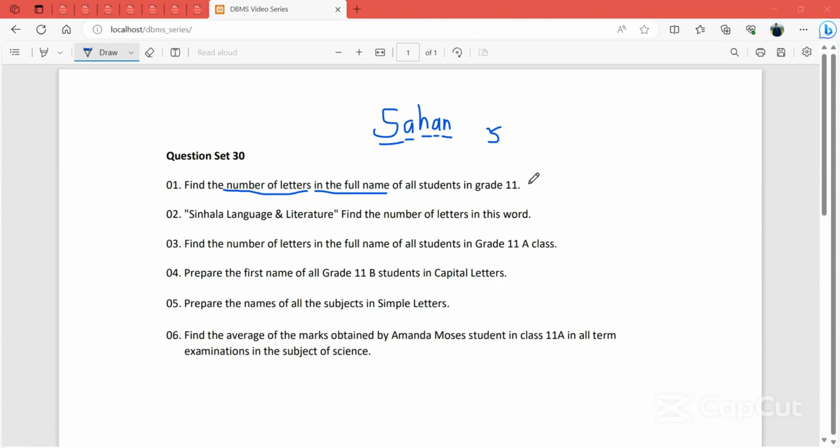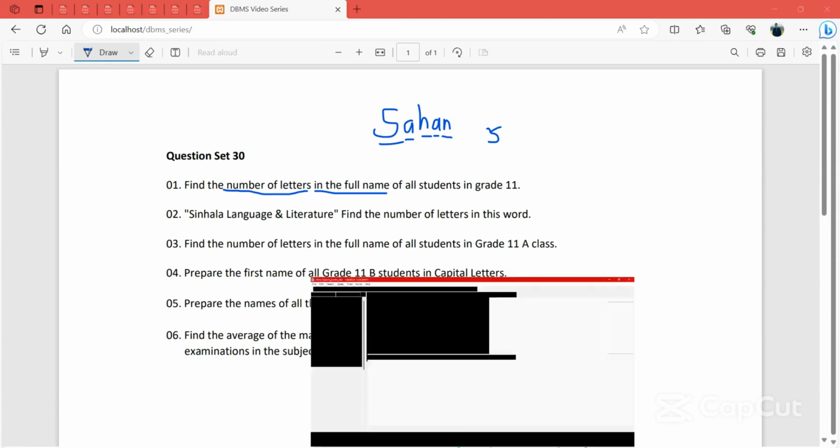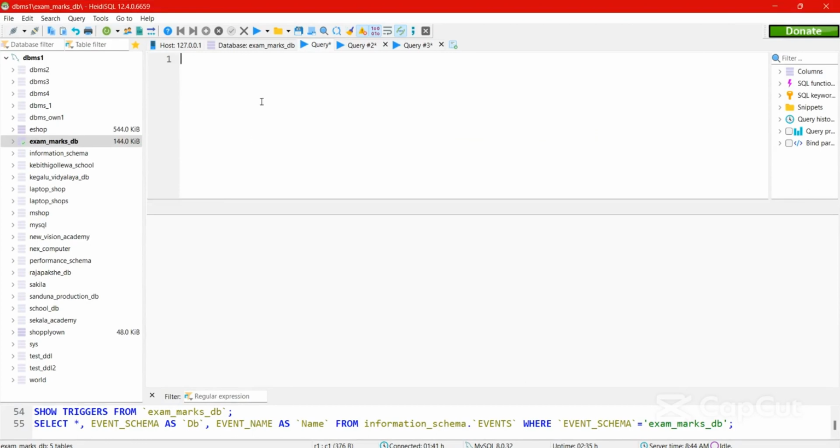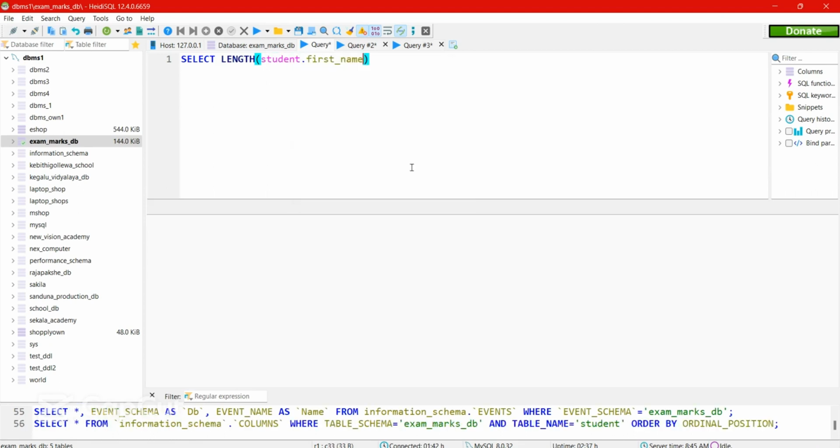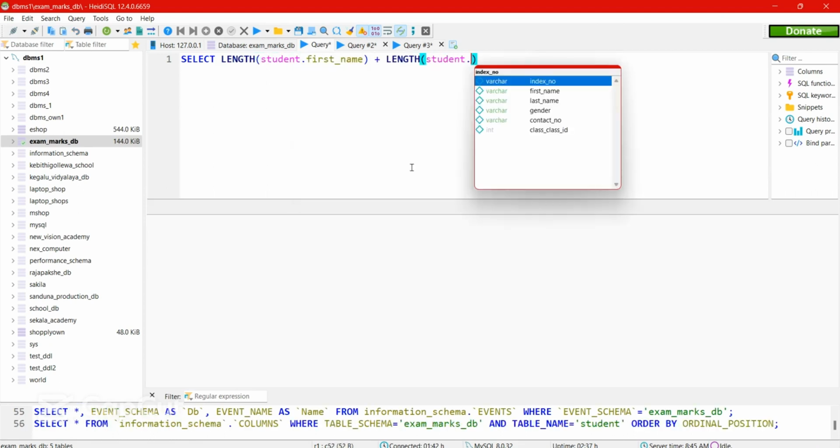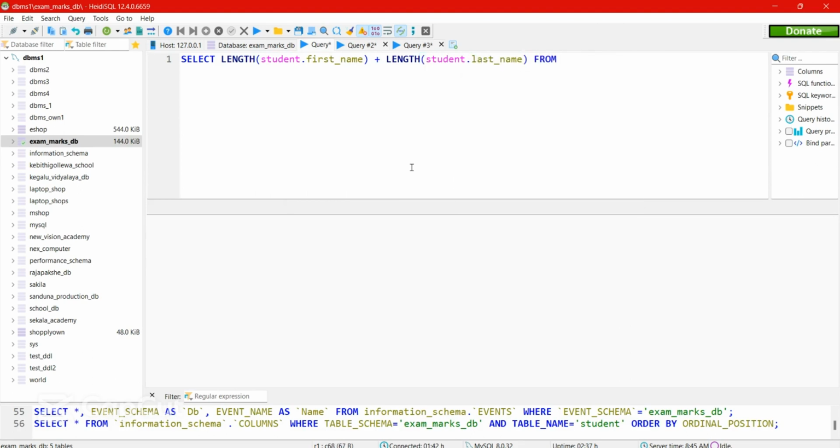So this is the question they have given. Let's write the query for that one. I'm going to write the query first and then I'll explain it. This is the query for the first question.